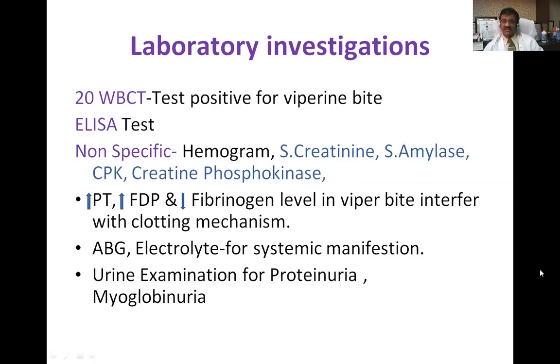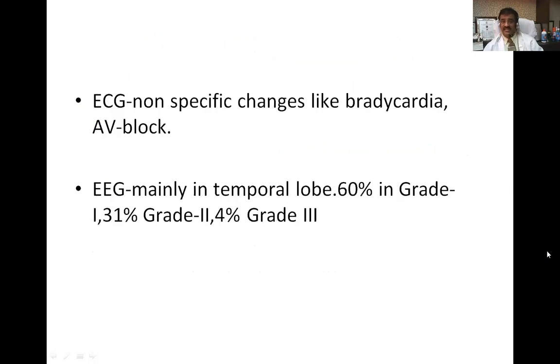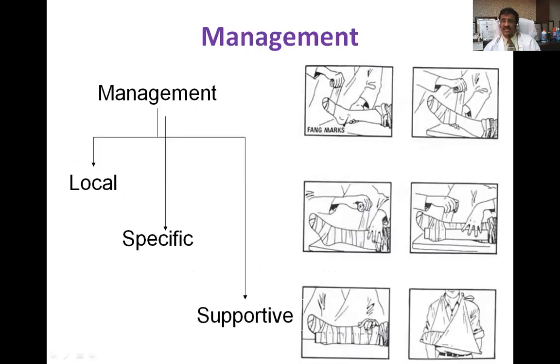We have to ascertain other parameters with urine examination for proteinuria, myoglobinuria. ECG is also done for specific changes like bradycardia and AV block. EEG is also done, mainly in the temporal lobe, for the assessment of neurological signs.